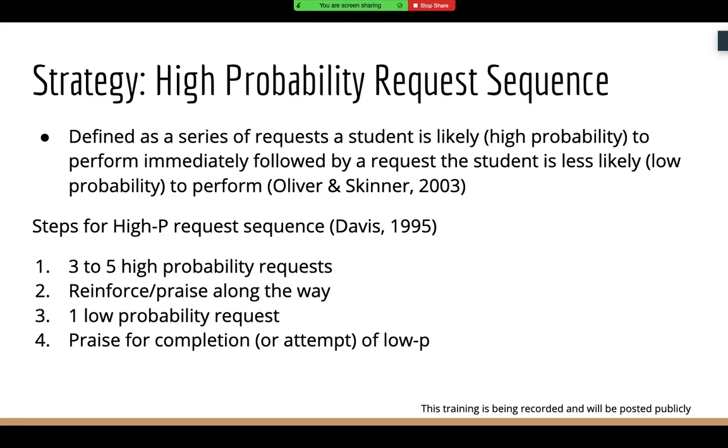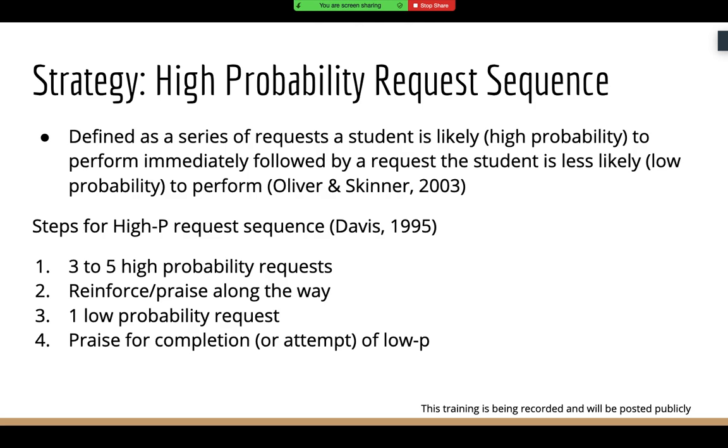I would suggest, if you're trying to use this strategy, again, I'm gonna ask you guys to make a list. Make a list of a bunch of things that you know your kid already knows how to do and is pretty likely to actually do if you ask them to do it. And rotate through that list a little bit, kind of remember it for yourself or keep it on hand for difficult times.